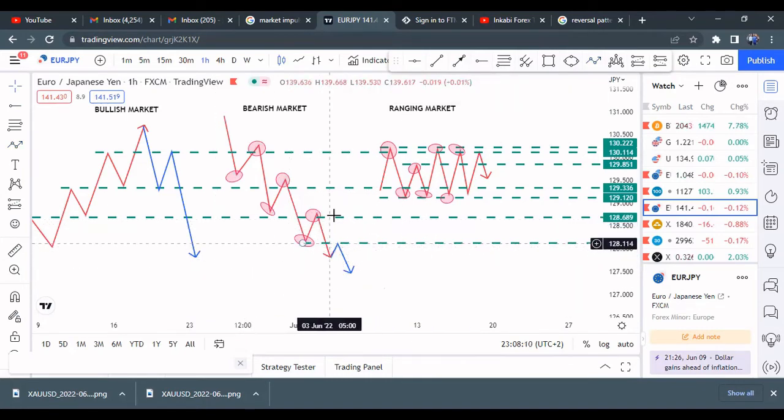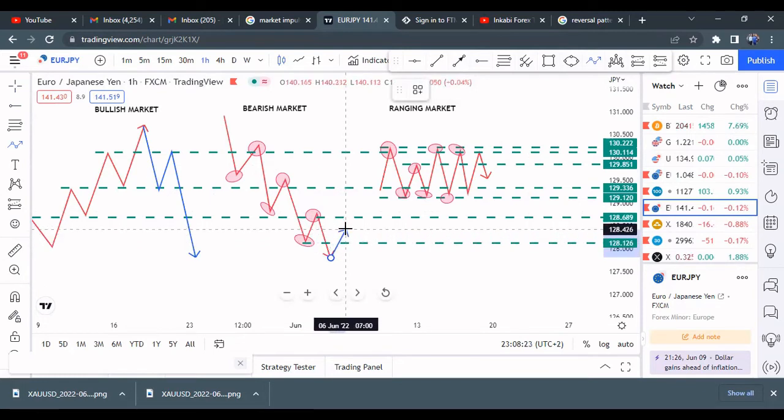If there was going to be a continuation of our sells, it would work that way. But if price suddenly does this, comes back here, and then comes to test this area, and then does this, right?